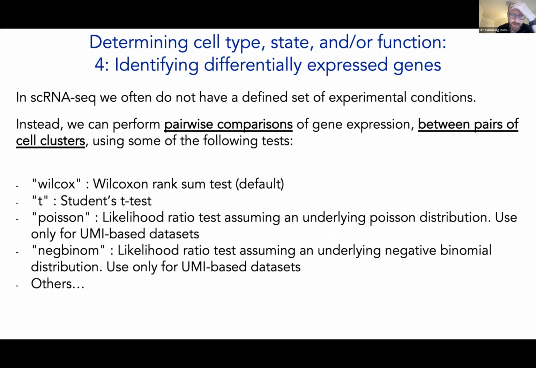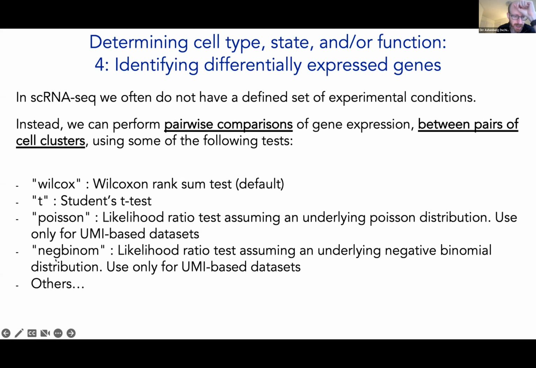To identify the genes that are higher in one cell subset relative to another, there are literally 100 tests one could do. Here I'm showing you tests that are implemented in Seurat, which you have started to use in the last few days. There's Wilcox and t-test, and the first is non-parametric.